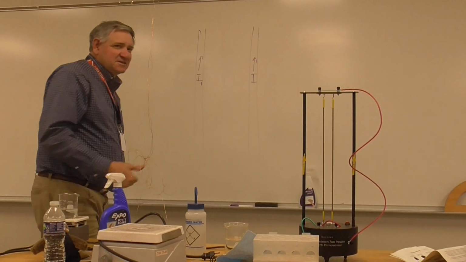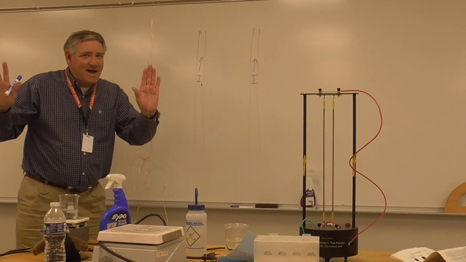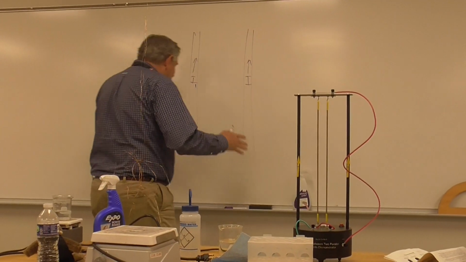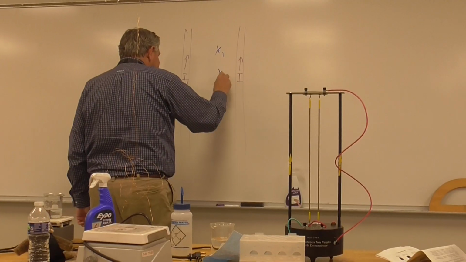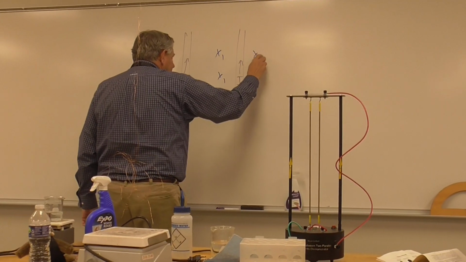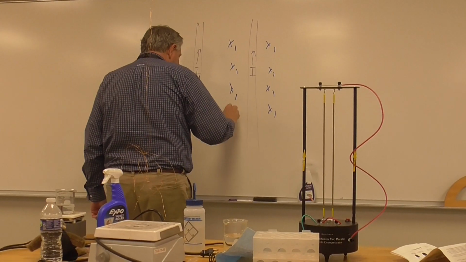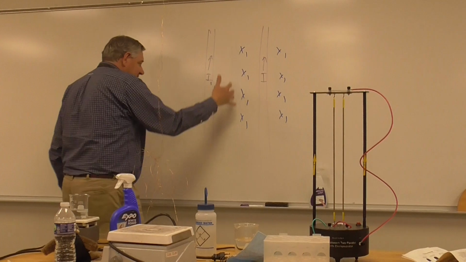There we go. My bad, I was using the left hand. Okay, right hand, boom, these are going to be X's. So those are X's from 1, right? Right hand rule, got X's.